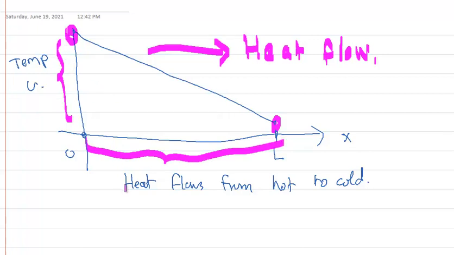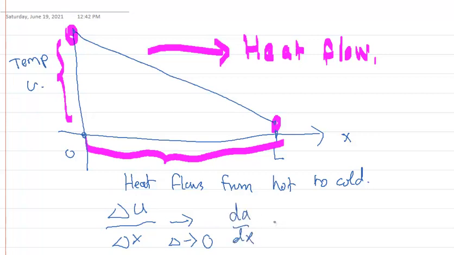So if we take the difference in temperature, delta U, sorry, divided by the difference in length, which I can call delta X, now we know when the delta goes to 0, we can express this expression as du dx, or that's the same thing as U prime of x.